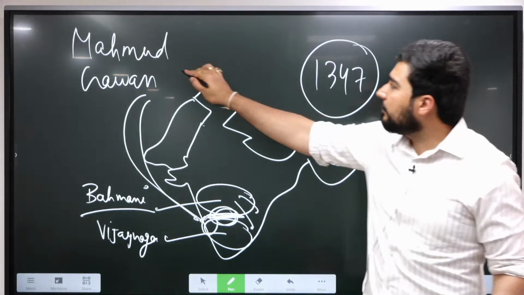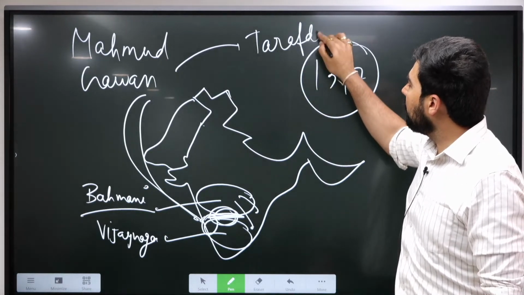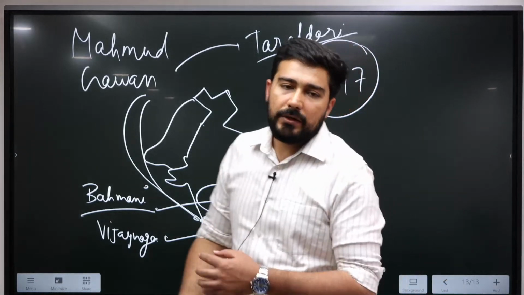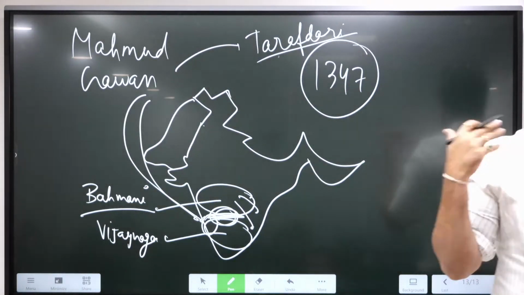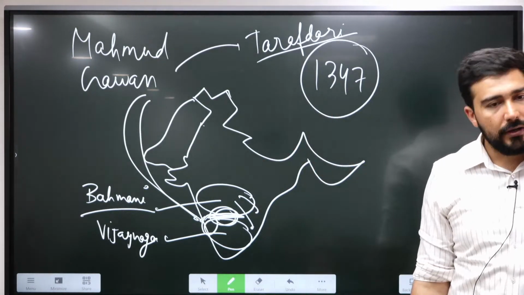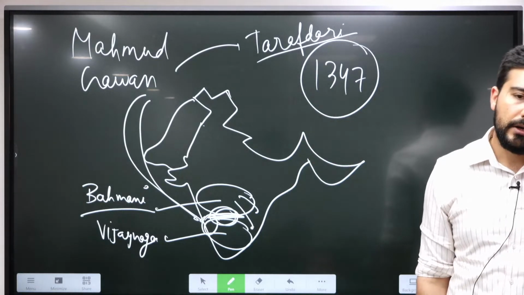He also redefined the Tarafdari system. Okay. Also established a madrasa for education, where the books, food, residence, all kind of facilities was provided by him. So he was one of the most prominent personalities among the Bahmani.